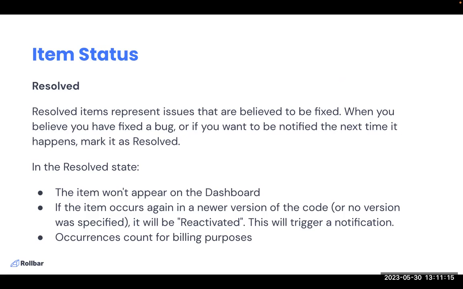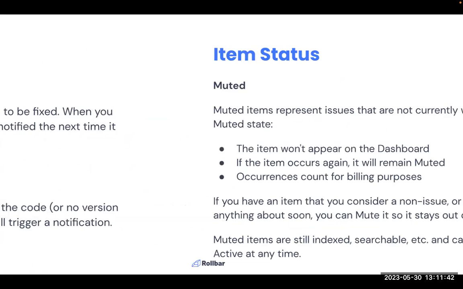But when it's marked as resolved in Rollbar, it no longer shows up in your dashboard. When a new error happens that is the same as the one that was resolved before, it then gets the reactivated status. And then you can get triggered or notified because the item is now reactivated again. So it's active again after it was resolved. And again, this is a great way to see if an error has been brought back by a specific code release, as an example. But again, all these errors do count towards your billing.